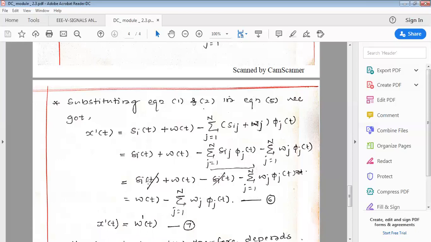And now this si of t and this minus si of t will get cancelled, leaving w of t minus summation j equal to 1 to n wj phi j of t, and this is denoted by equation number 6.